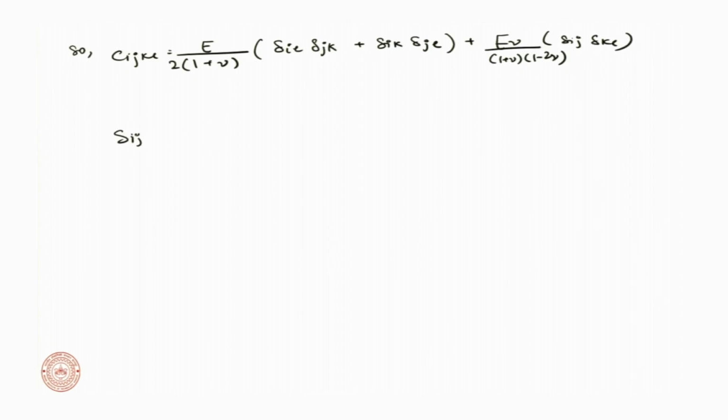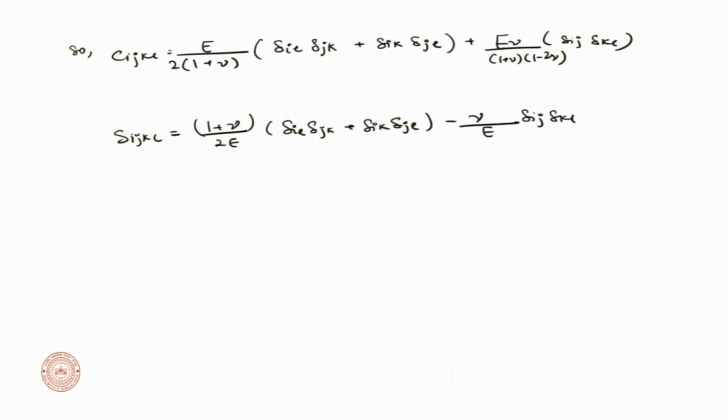And our S_ijkl is equal to (1 plus nu) over 2E, so inverse of this, [del of il del of jk plus del of ik del of jl], minus nu over E del of ij del of kl. Okay. So, this is how we can write our C_ijkl and S_ijkl.